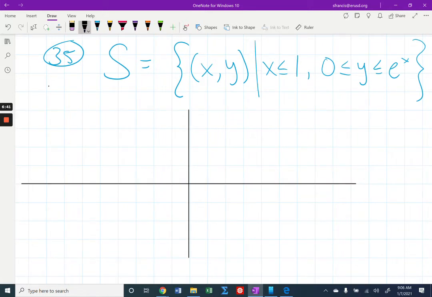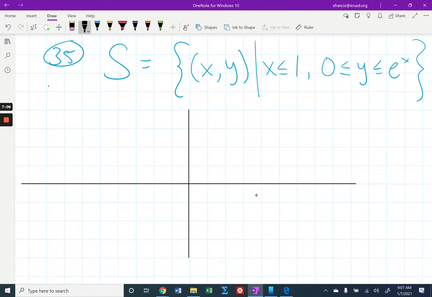The xy plane contains all the points xy. If this is x equals 1, I don't want these points over here because x has to be less than or equal to 1. So it's got to be on this side, but it also has to be under the condition that y is between 0 and e to the x.